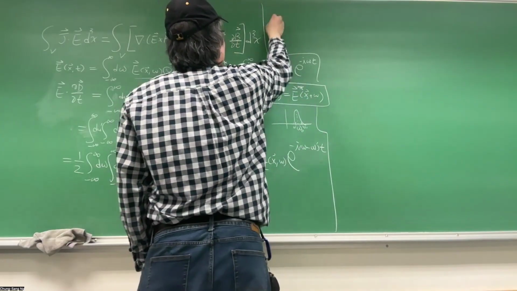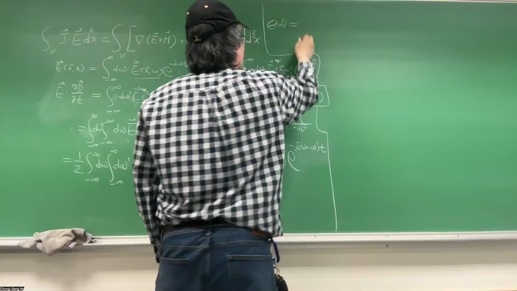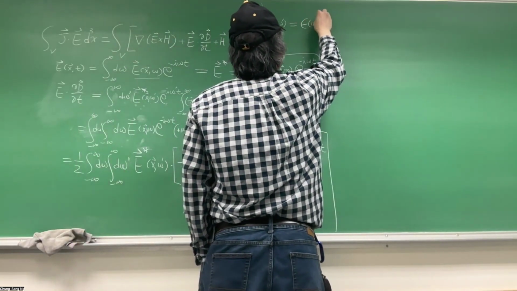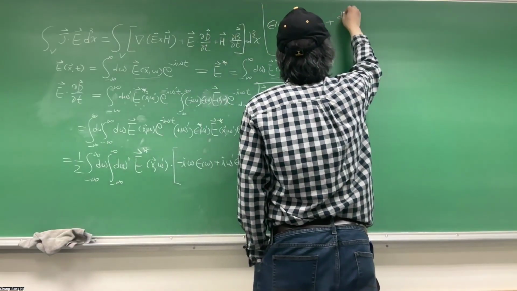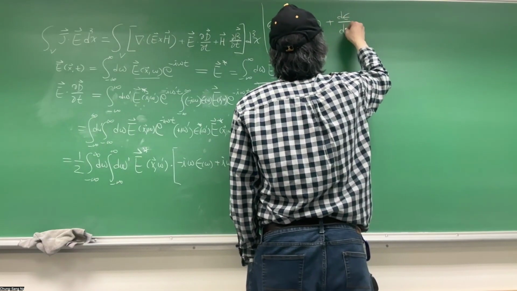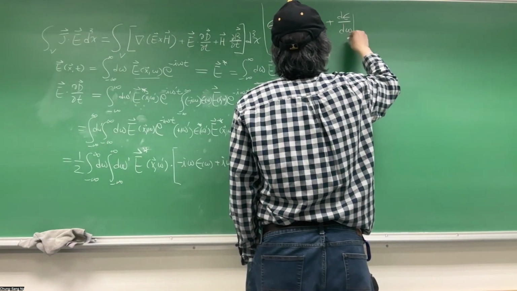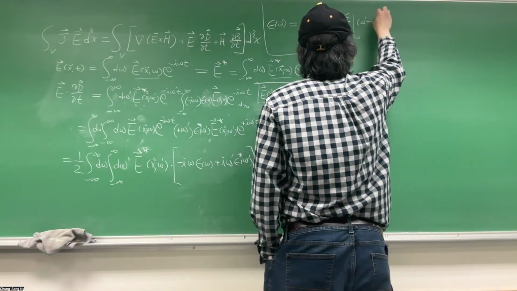The Taylor expansion of epsilon omega prime would be like epsilon omega plus d epsilon d omega, evaluated at omega, and then multiplied by omega prime.